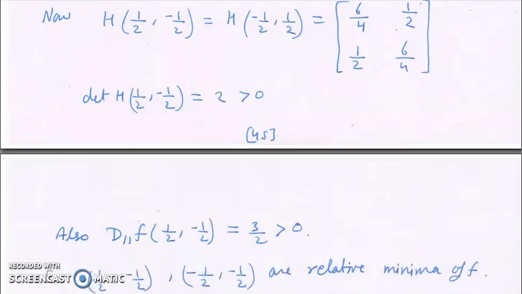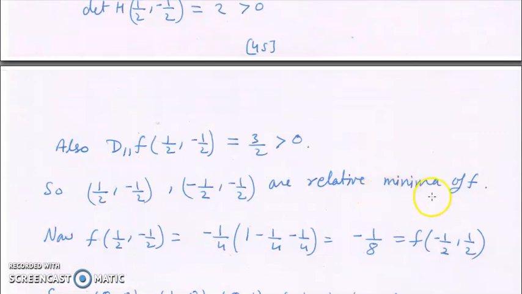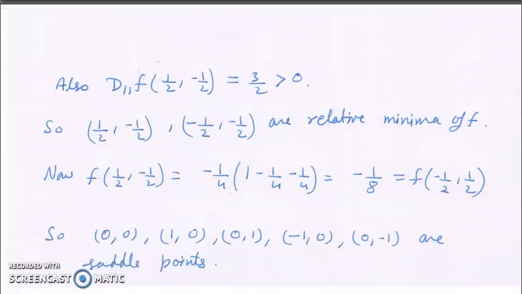So by our test, these 2 points are relative minima points of f, and the value of f at (1/2, -1/2) is -1/8, and similarly the value of f at (-1/2, 1/2) is also -1/8, which are the same.